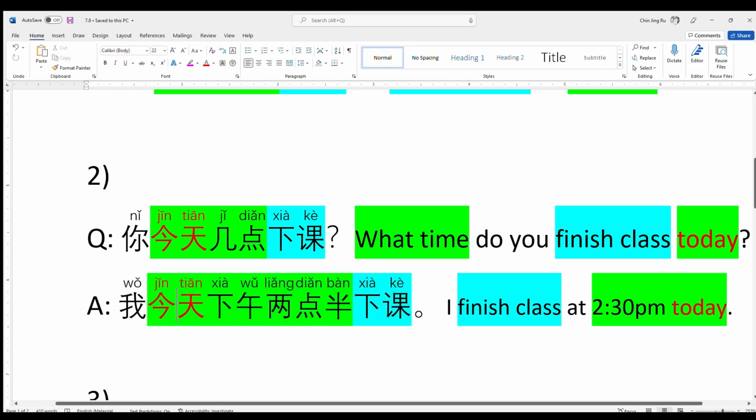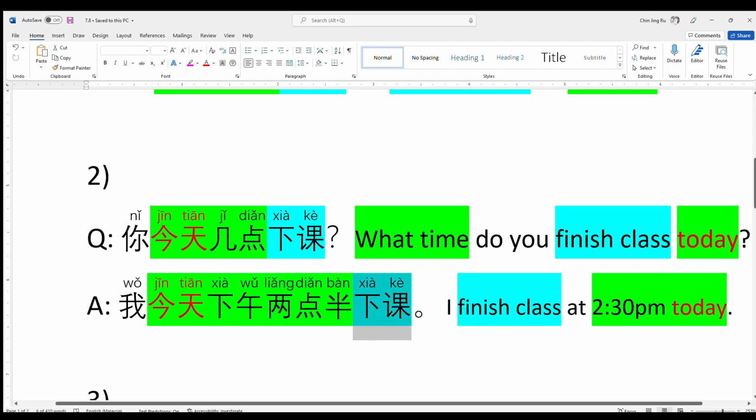So you see here, again, we start with the day, today. Then we say the time, 下午2点半. Do not forget, for 2 o'clock, it's very special in Mandarin. You have to say 2点. Then for 30 minutes, I mentioned before, you can make it shorter. 2点半. 2:30, 2点半. Then the verb at the end, 下课.